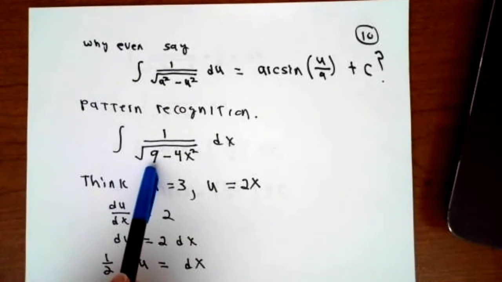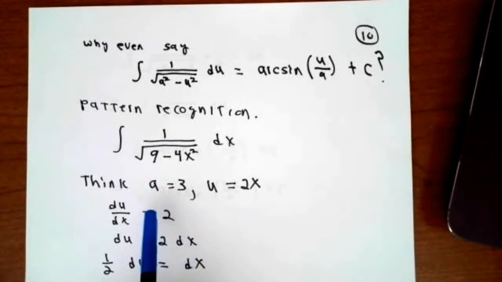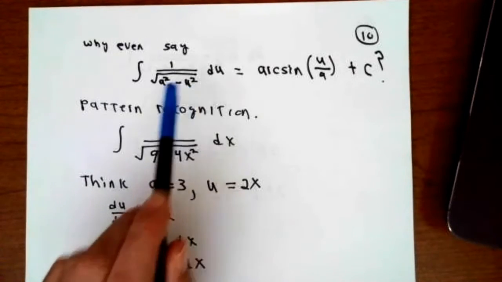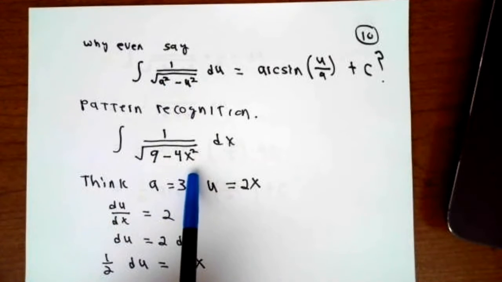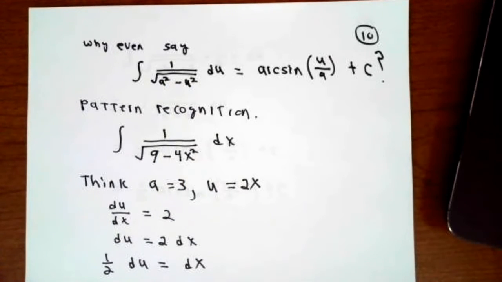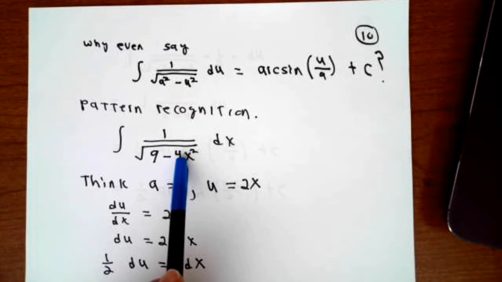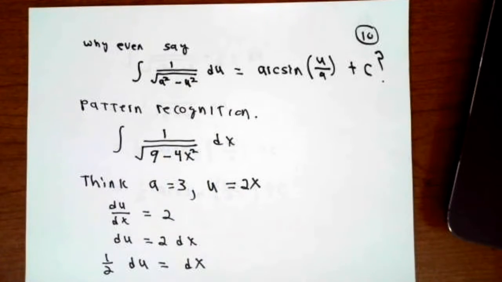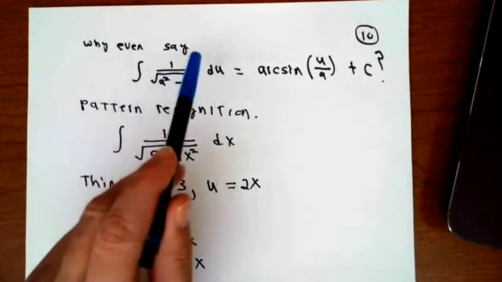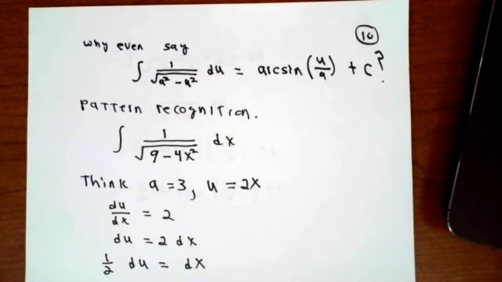I have a constant here, so I could think of the a as being 3. u squared, 4 times x squared is what you get when you square 2 times x. So if I think of a as being 3 and u as being 2x, the square root factor is as it is in this formula.